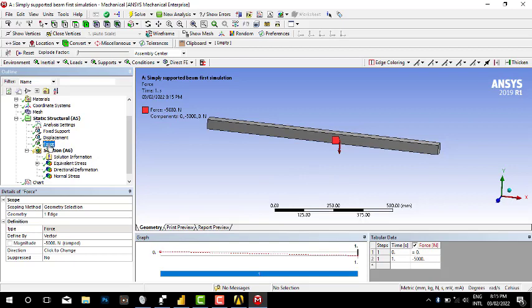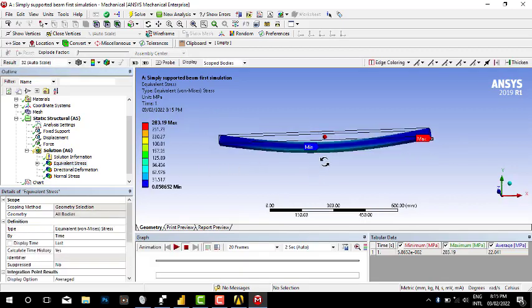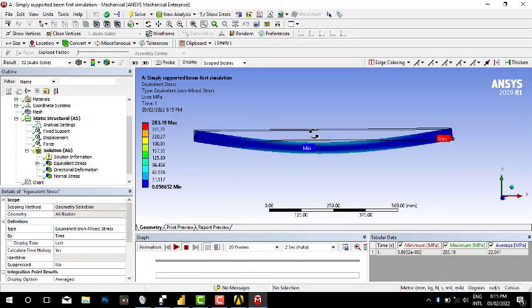Then we have our solution, which is our result. So the equivalent stress is shown here. This is the stress. If a load of 5,000 Newton, in layman's terms, if a weight of 500 kilogram, why is it 5,000 Newton? Because acceleration due to gravity has been considered. So if it's added on a beam that is this long, the length is around, let's see the geometry.